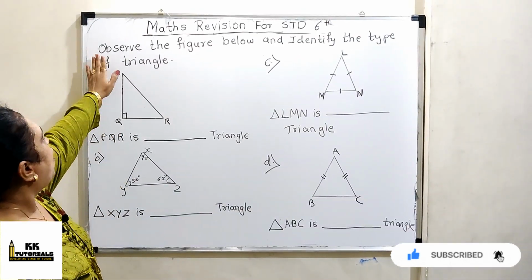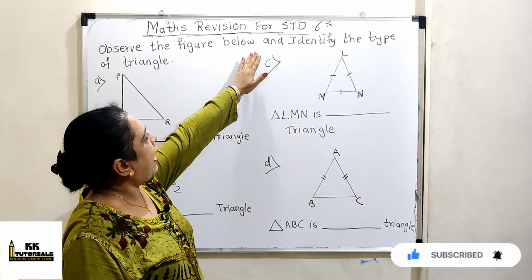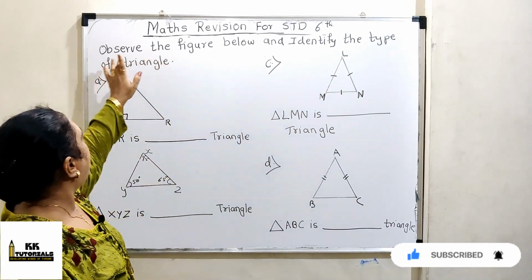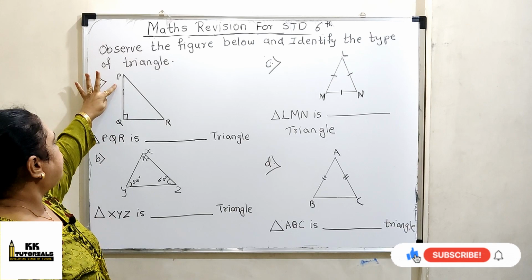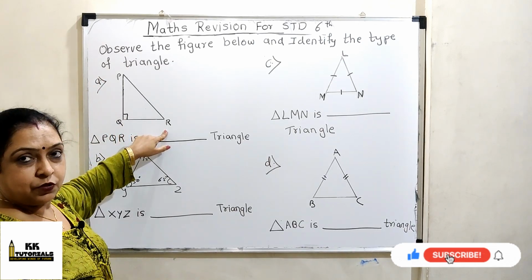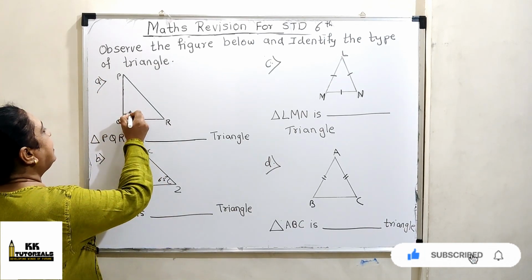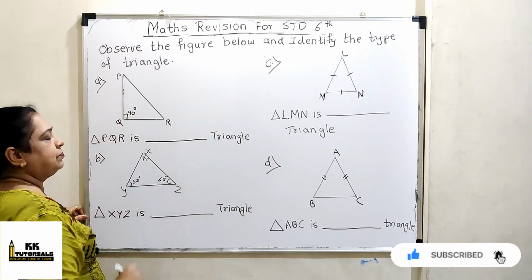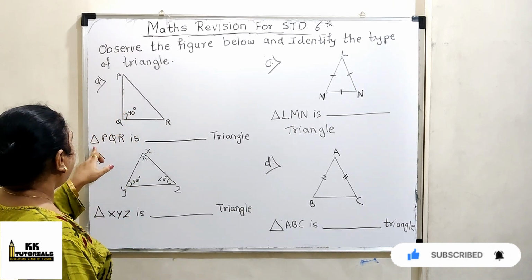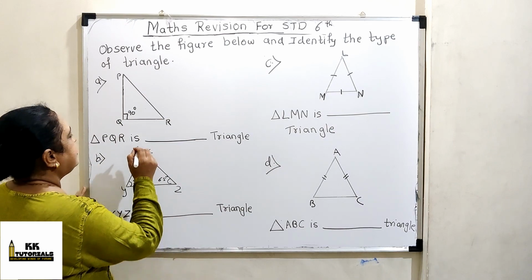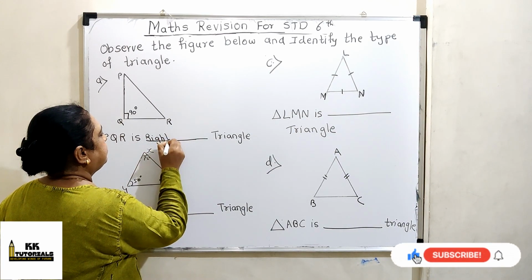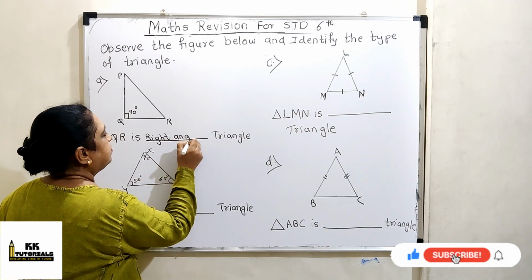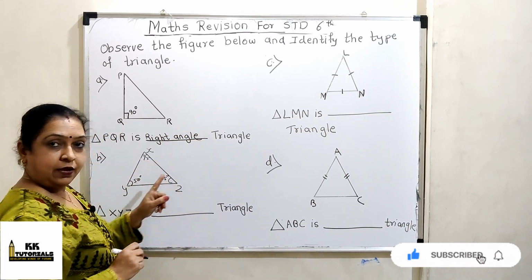Okay. Now, observe the figure below and identify the type of triangle. Okay? First, A. Here it is PQR. Okay? This is a 90-degree angle. So, triangle PQR is right angle triangle. Okay?